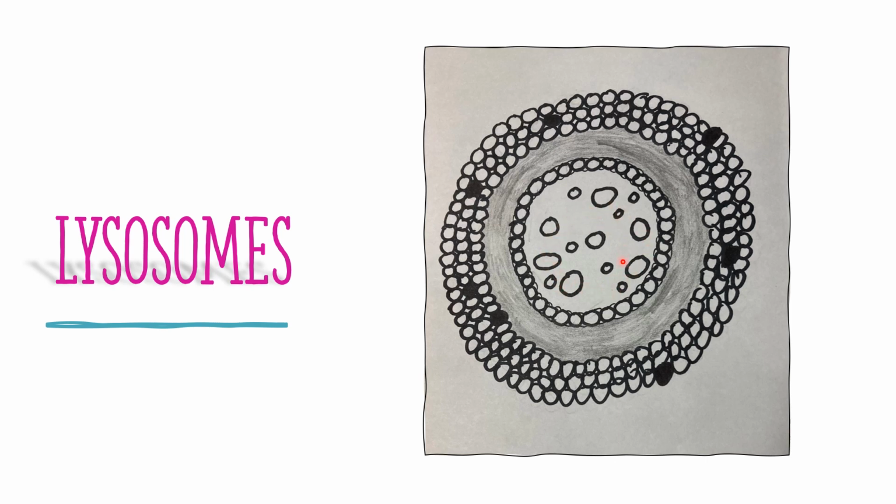Just like white blood cells, they use them to break down the bacteria inside the cell. So it helps with cleaning the toxins around the cell. And from the name itself, just remember Lysol, it cleans around the cell. Easy to remember that way.